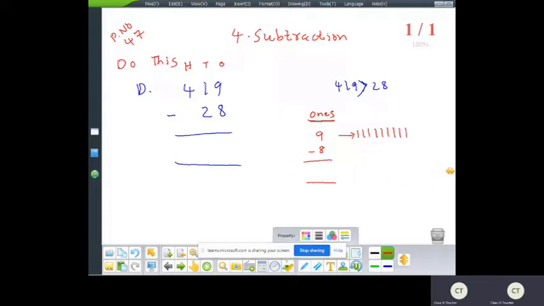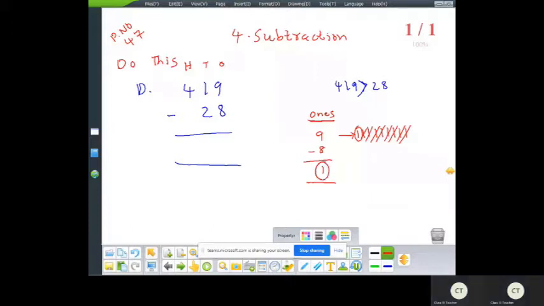From 9, we have to subtract 8. It means we cut 8 lines: 1, 2, 3, 4, 5, 6, 7, 8. After cutting 8 lines from 9 lines, there is only 1 line. 9 minus 8 equals 1. This answer goes under ones.